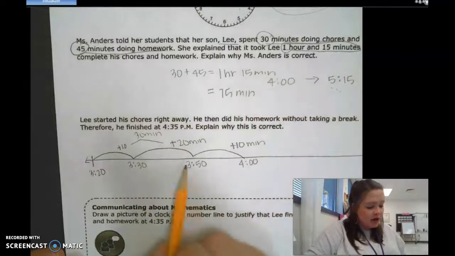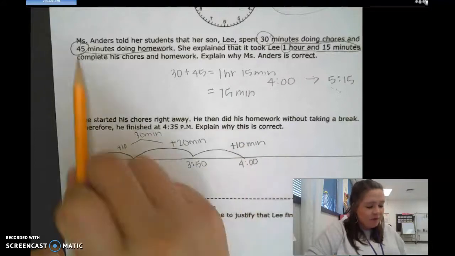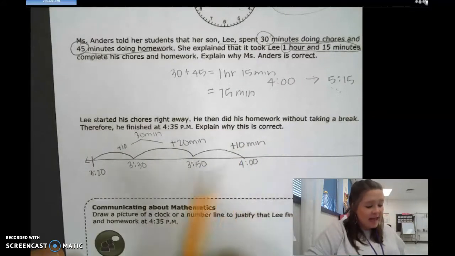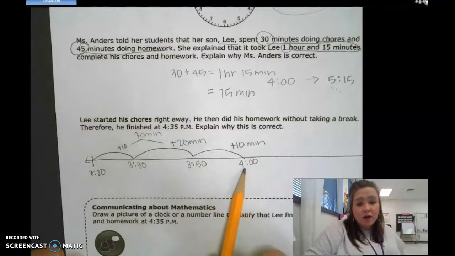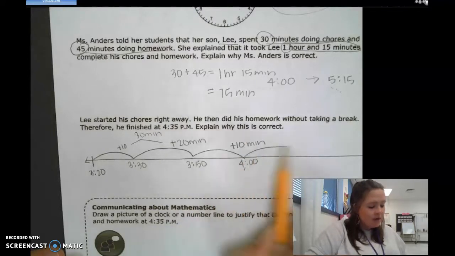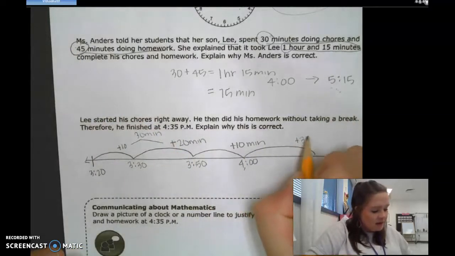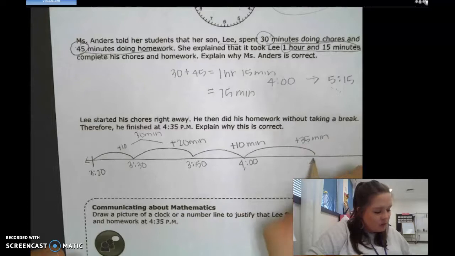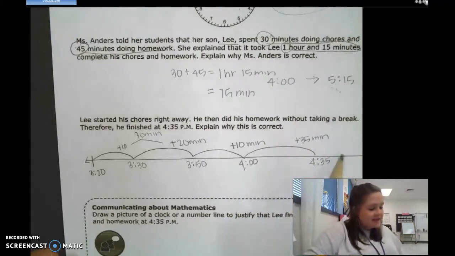I'm going to start with 10 because that gets me at an even 4 o'clock. I still have 35 more minutes to go because 45 minus 10 is 35 minutes, and that is 4:35. Okay? And that is his end time.